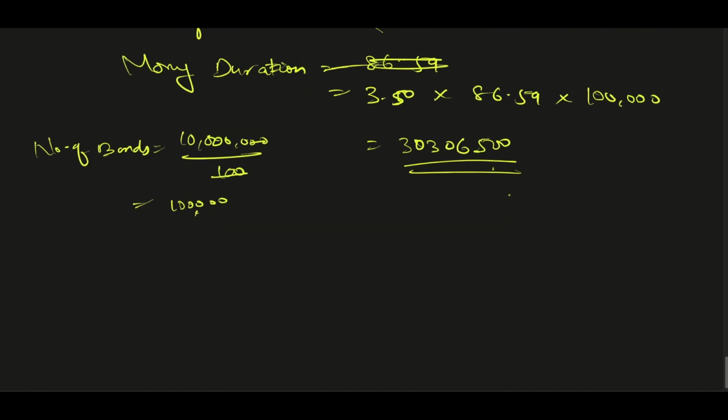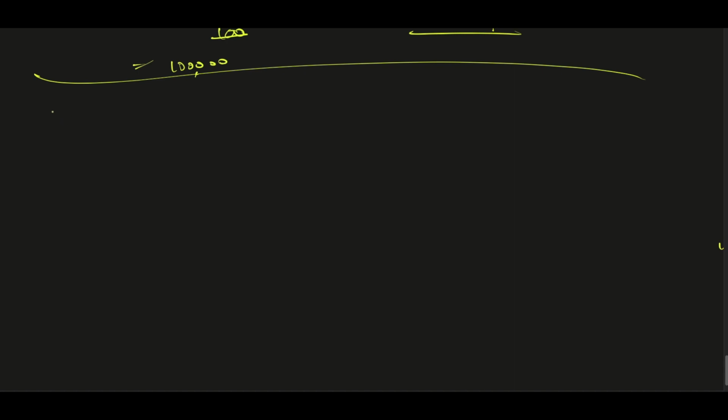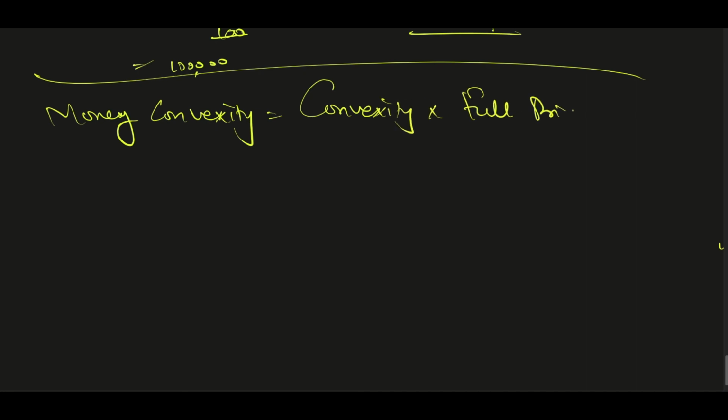So that is the total change. Now convexity also, money convexity. Money convexity means overall convexity of the entire portfolio. So convexity into full price of the bond into number of bonds.